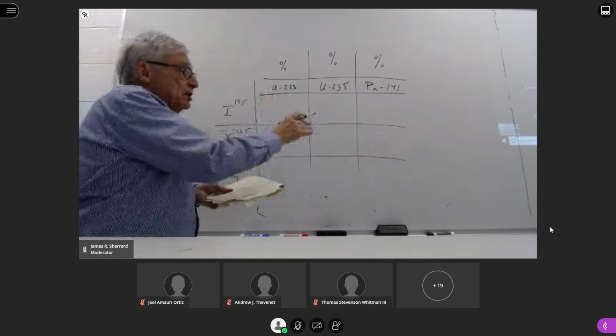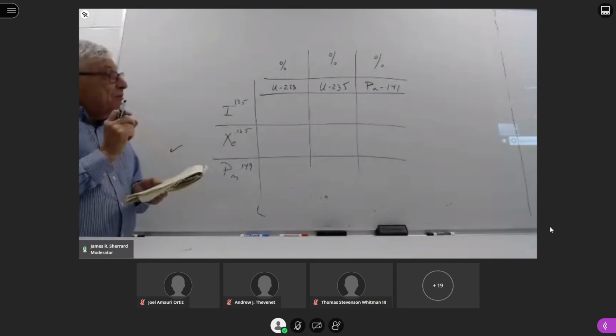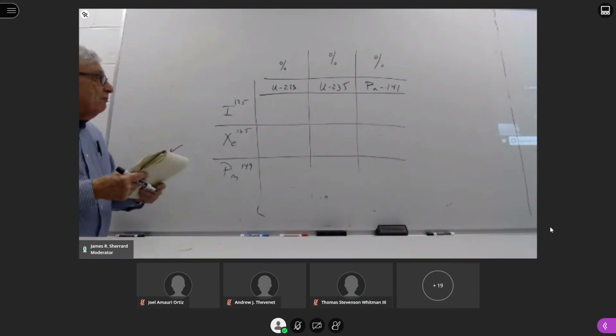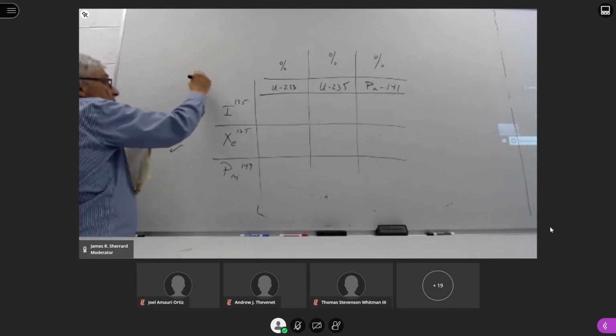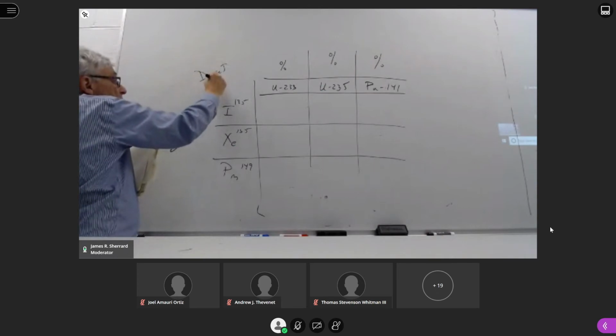I picked 3 typical thermal fissioning fuels: uranium-233, uranium-235, plutonium-141. And I've looked at them as a direct fission fragment.